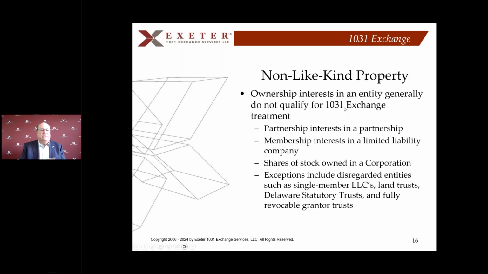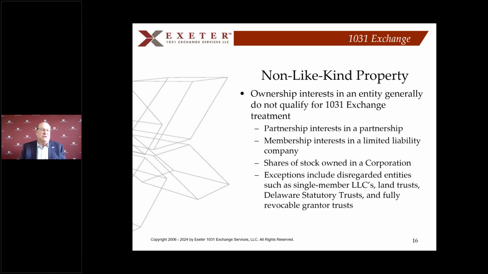Now this area gets a little more complicated, so we don't have a whole lot of time to cover that, but I'll mention it real quick. Those of you who own real estate inside of an entity, so it could be a corporation, a partnership, a limited partnership, an LLC, an irrevocable trust, a revocable trust, etc. We have to drill down and determine who is the real taxpayer.